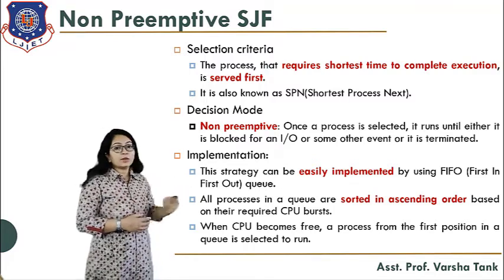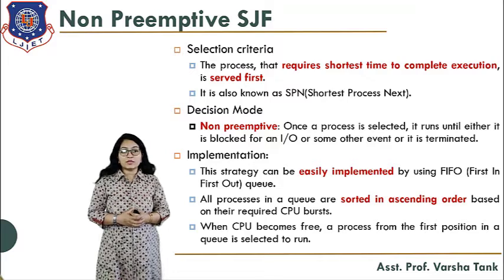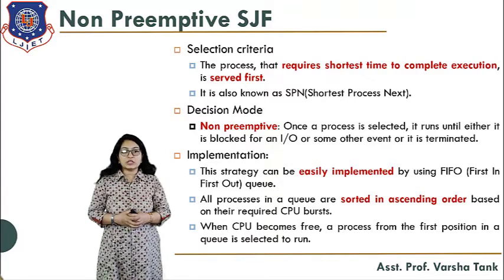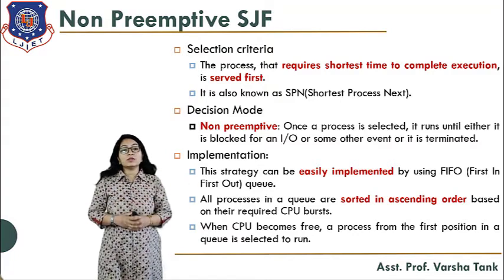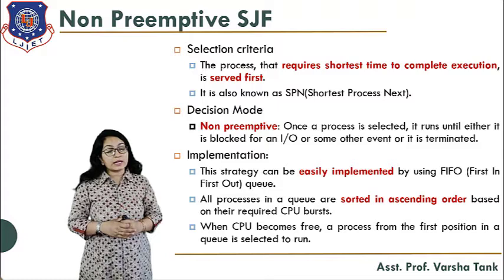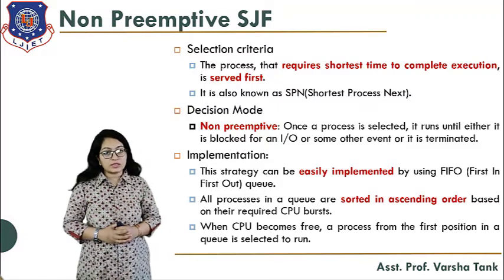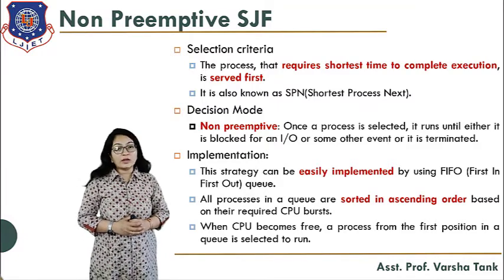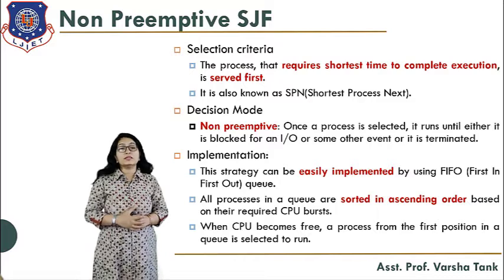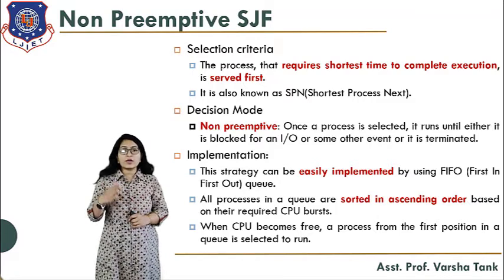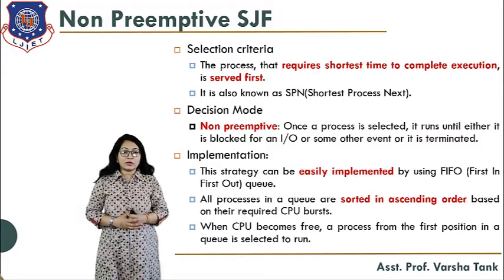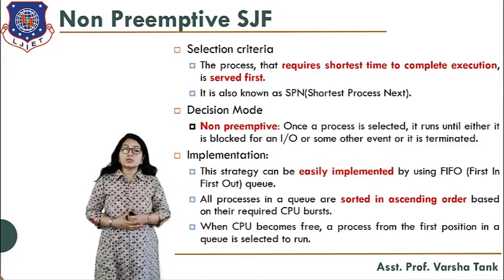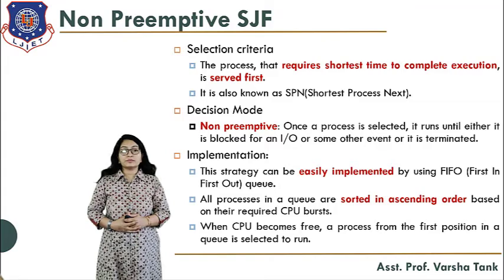When the CPU becomes free, the process at the first position in the queue is selected to run. When processes arrive, they are sorted in ascending order according to burst time, and when the CPU completes its execution for a process, it chooses the first process from that queue.